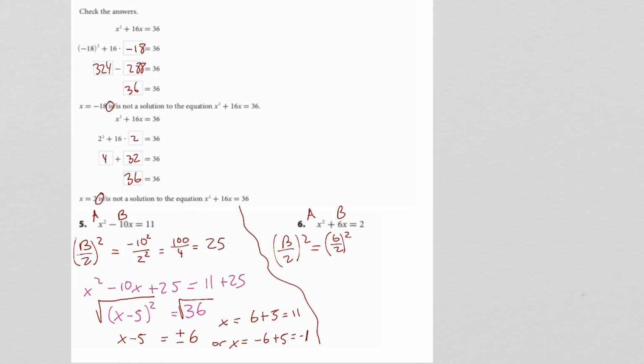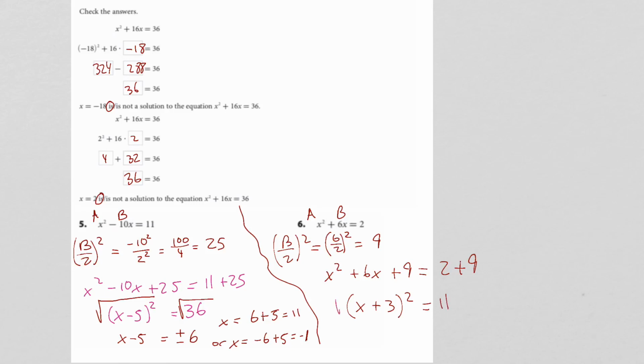That's 3. 3 squared is equal to 9. So I have to add 9 to both sides. x squared plus 6x plus 9 is equal to 2 plus 9. This here factors into x plus 3 squared. 2 plus 9 is 11.